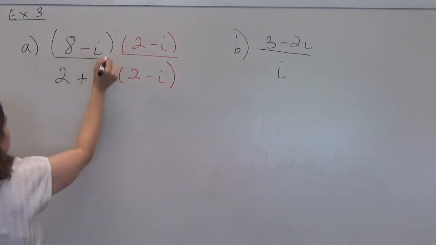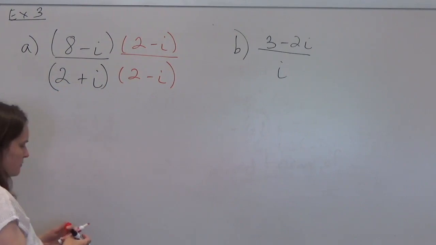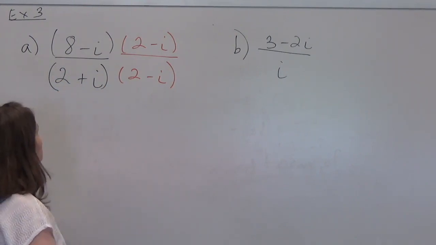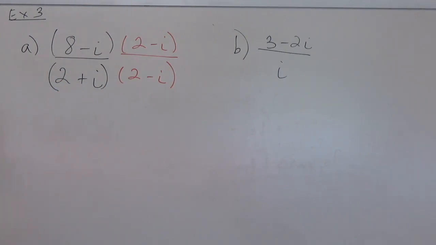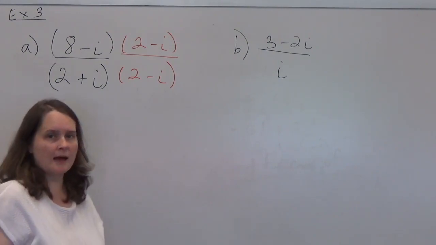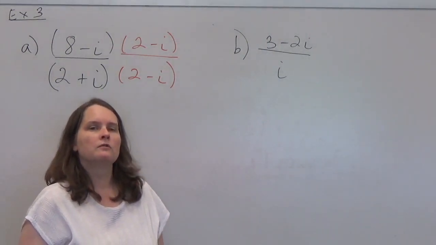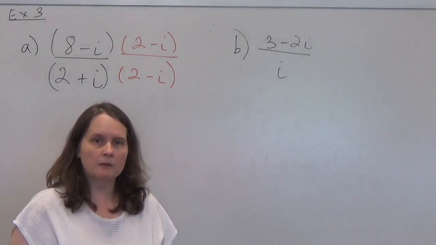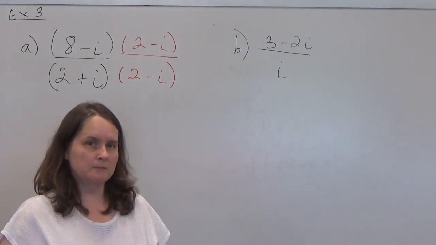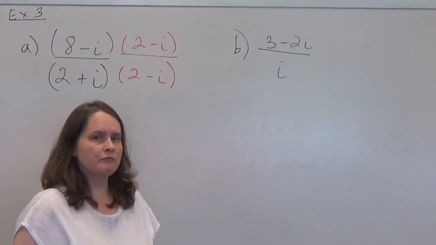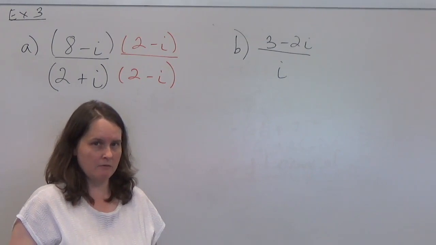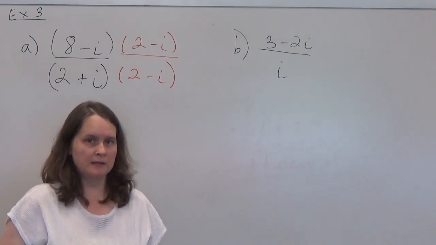We need parentheses around each binomial because we will be FOILing these. So for FOILing the top, I'm going to go ahead and ask you to pause the video here. FOIL the top, FOIL the bottom, simplify as far as you possibly can, and then see if you can figure out how to get this into the a plus bi form. And then we'll complete the problem in a moment.